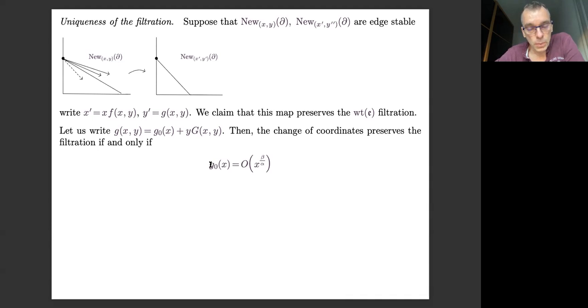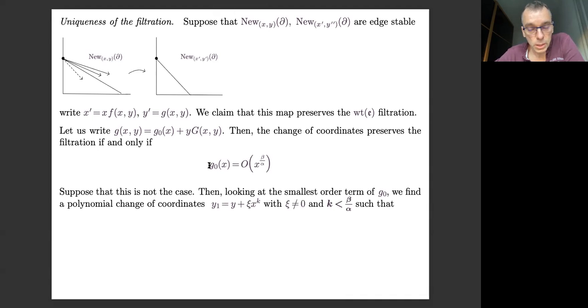So now let's suppose by contradiction that G0 does not satisfy this condition, right?